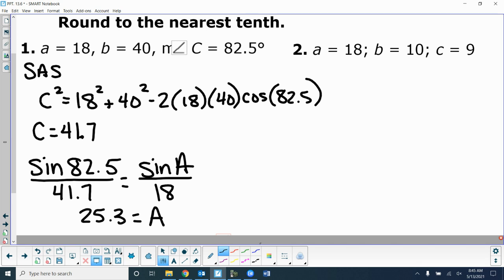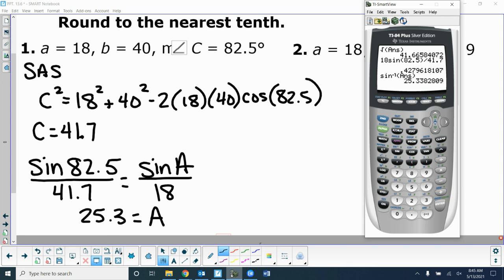Now, I have 2 angles. How do I find the third? Add them together, subtract from 180. So I already have the 25.3 in there, right? So go plus 82.5, and then go 180 minus that answer.